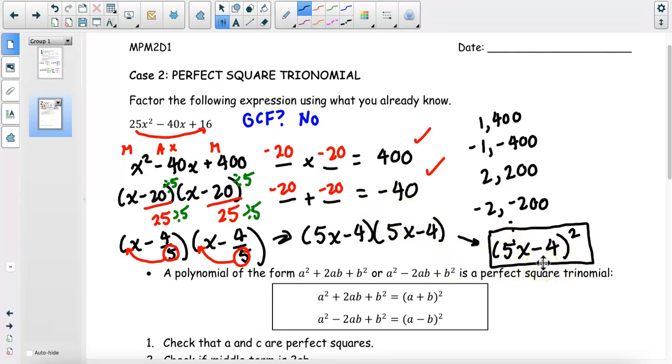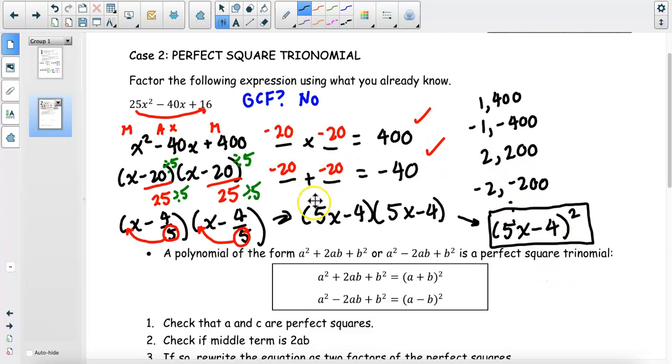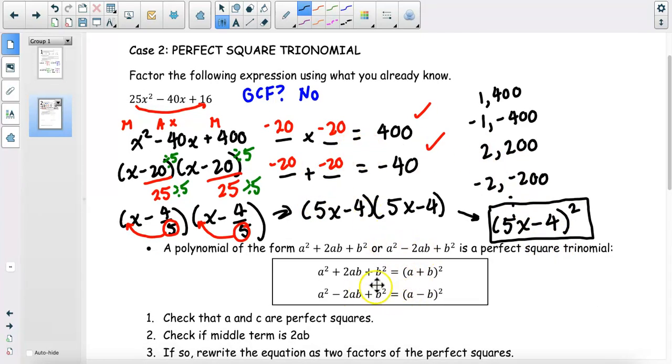So you can see this was quite the process to get this final answer here of 5x minus 4 squared. So what we can do is utilize this strategy here: if we have an equation of the form a squared plus 2ab plus b squared, where a is the square root of the first term and b is the square root of the last term, we can use a short form of a plus b squared.